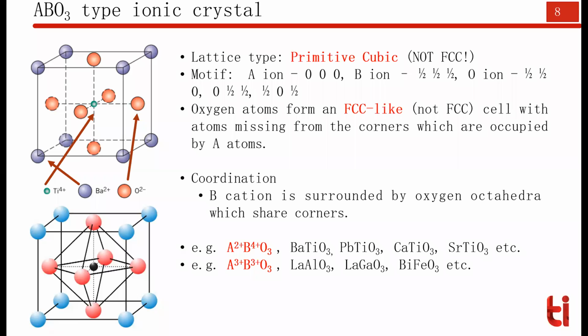What you can see in the unit cell diagram, the lattice is a primitive cubic lattice. Don't get confused that it has an FCC like lattice or a BCC like lattice, because it is not satisfying the conditions for BCC or the FCC lattice.